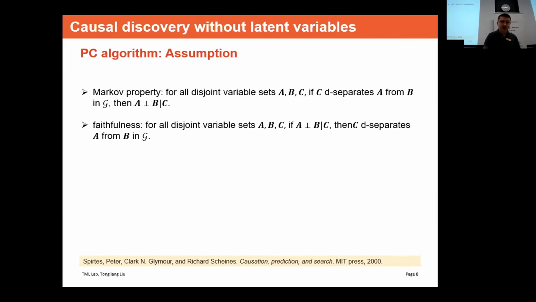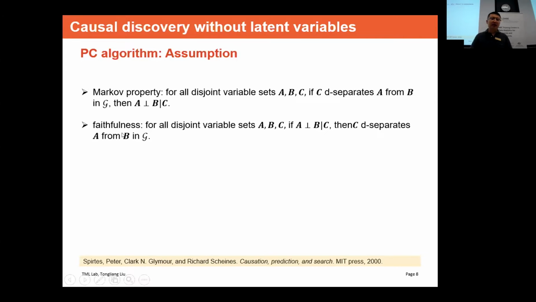And here, the first algorithm I want to introduce is the PC algorithm, which is very famous, proposed by two persons, Peter and Clark. The algorithm requires two assumptions. One is the Markov property assumption, which relates d-separation to conditional independence.